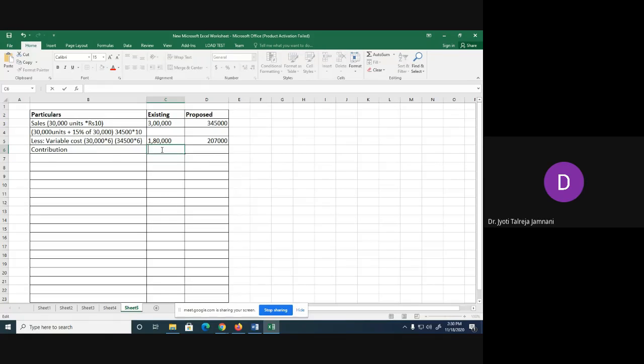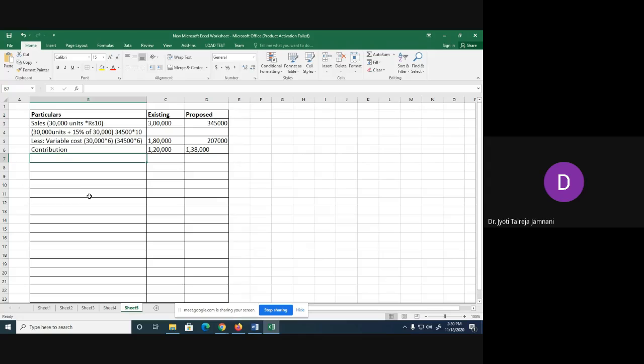Here is the formula. 3 lakh minus 1 lakh 80,000, you'll get 1 lakh 20,000. In the proposed case, 3 lakh 45,000 minus 2 lakh 7,000, you get 1 lakh 38,000. So this is the contribution.